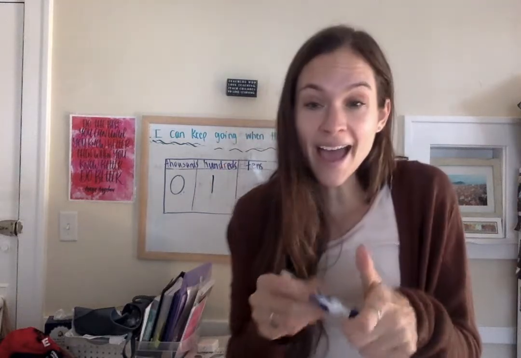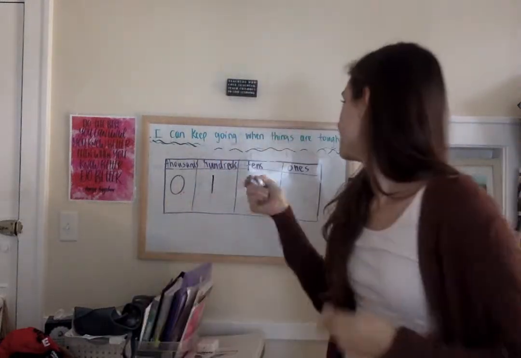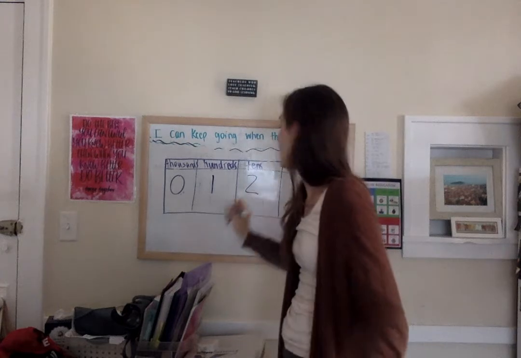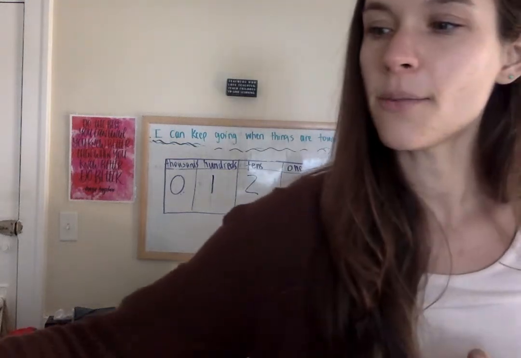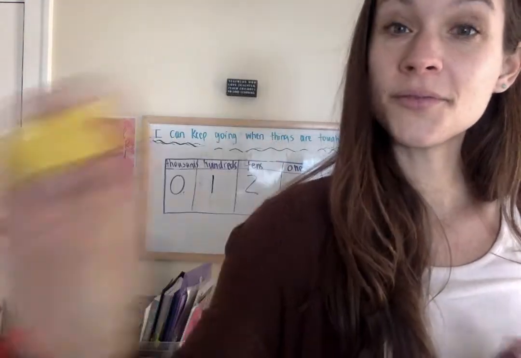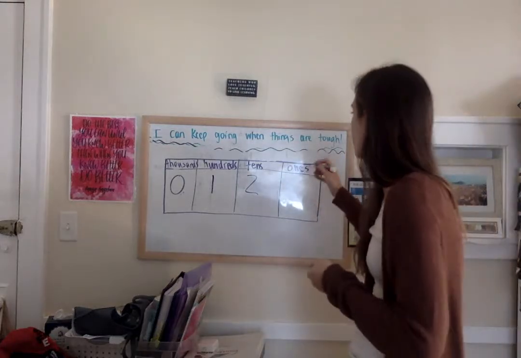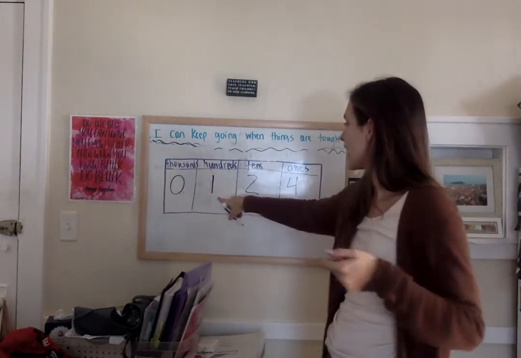Okay. How many tens are in the number 124? 2 tens. And last but not least, how many ones are in the number 124? How many ones? 4. 4 ones.